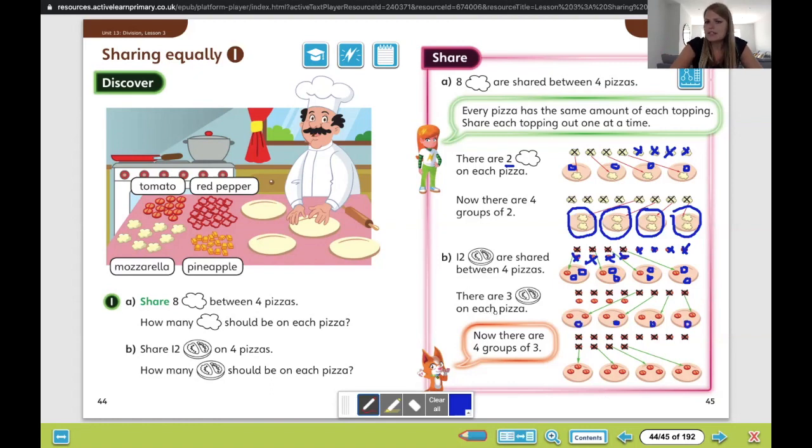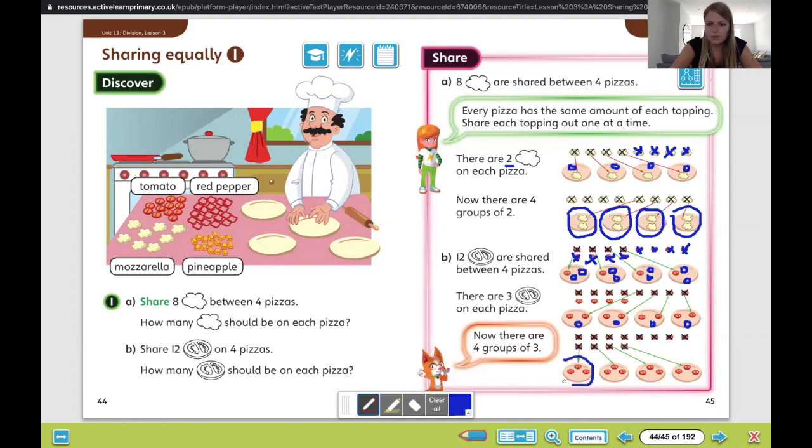So how many tomatoes are there on each pizza? There's 3 on this one, 3 on this one, 3 on this one, and 3 on this one. So we have shared them equally so that each pizza base has the same. Let's circle the groups.